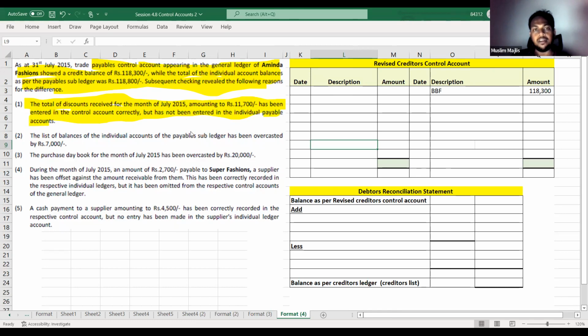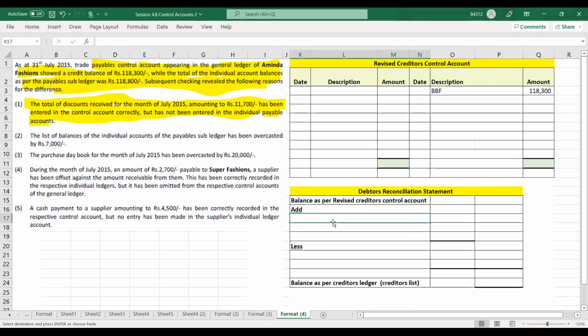Not being entered means it's a deduction not made. 11,700 is not deducted in the individual account. So the individual account balance, or the creditors ledger balance, is more or less? Less. Individual balance is more because they have not deducted.